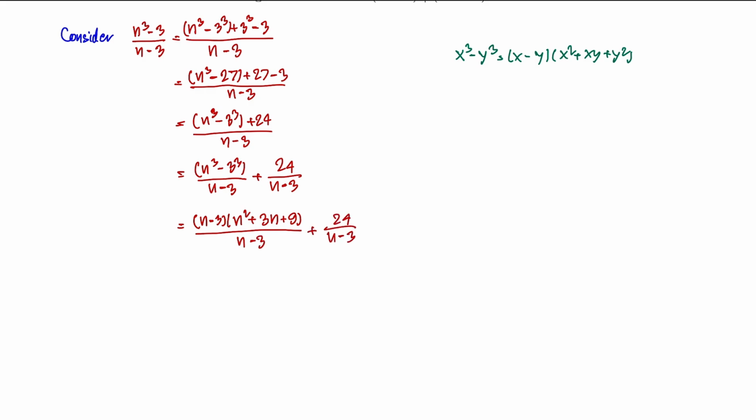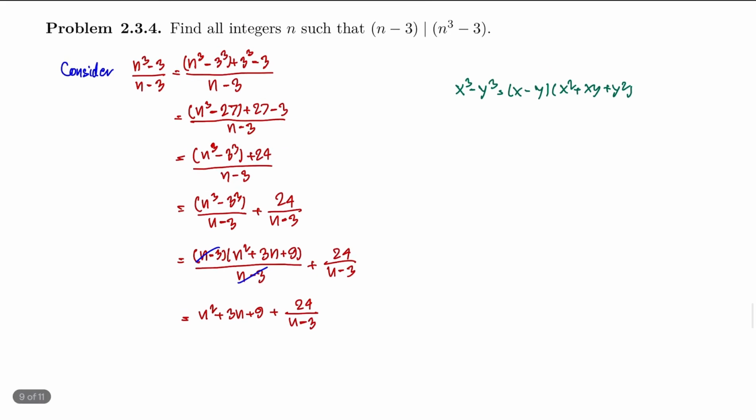This is great, the n minus 3 cancel each other. That means n minus 3 divides this term. So now we have n squared plus 3n plus 9 plus 24 over n minus 3.